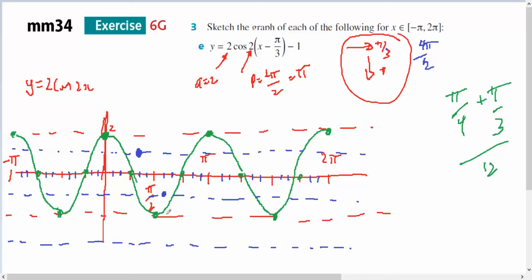This goes across 4, 1, 2, 3, 4, and down 1.